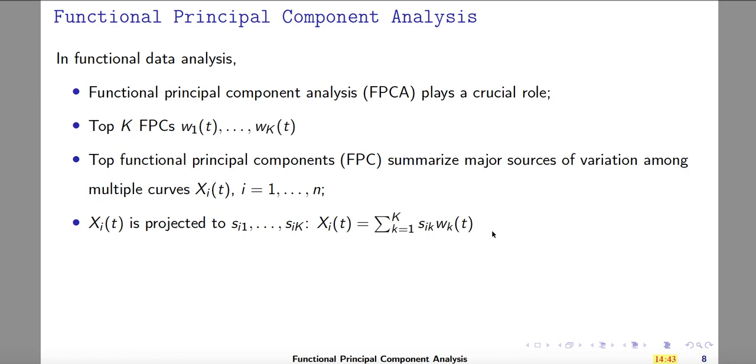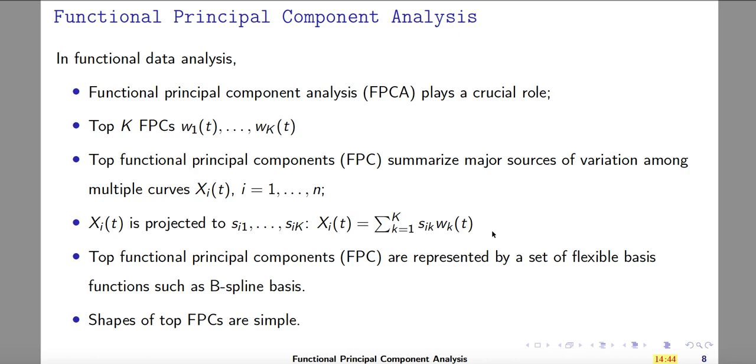Therefore, this can be a huge dimension reduction for x_i(t), because x_i(t) is an infinite dimensional function. Now we project this infinite dimensional curve to finite FPC scores, like 3 or 4 scores.